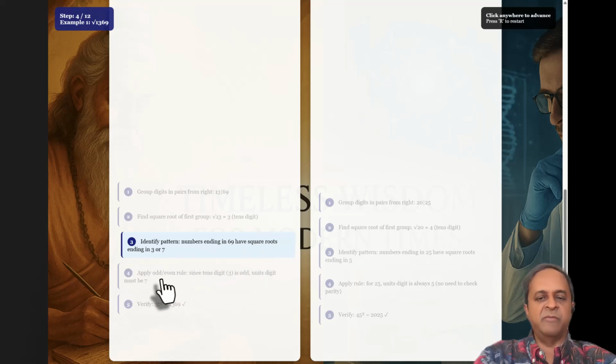Then we apply the odd-even rule like we just talked about. If the tens digit is odd, the units digit must be 7 in the answer. If it is an even number, it'll be a 3.